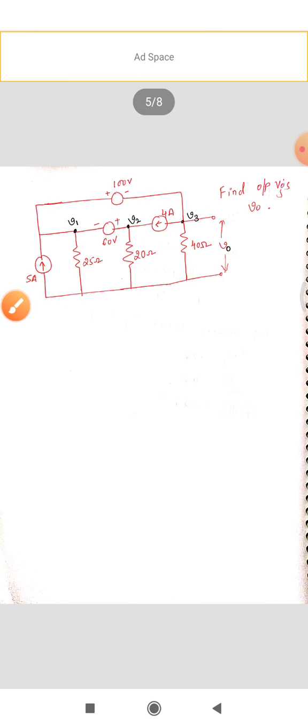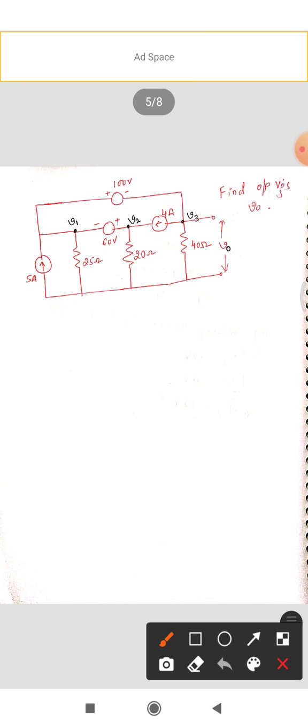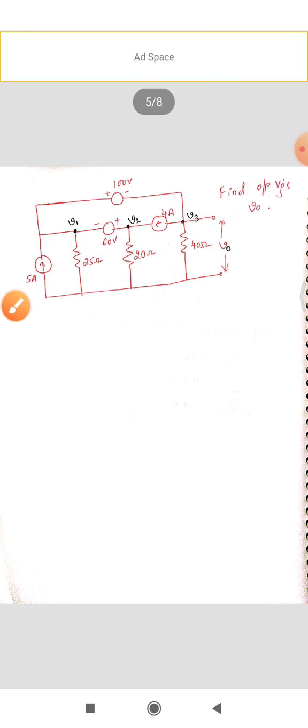Now observe independently, we cannot apply KCL anywhere. At V1 also you have 2 voltage sources, between V1 and V2 as well as between V1 and V3. Therefore all 3 nodes will become super nodes. Observe here.